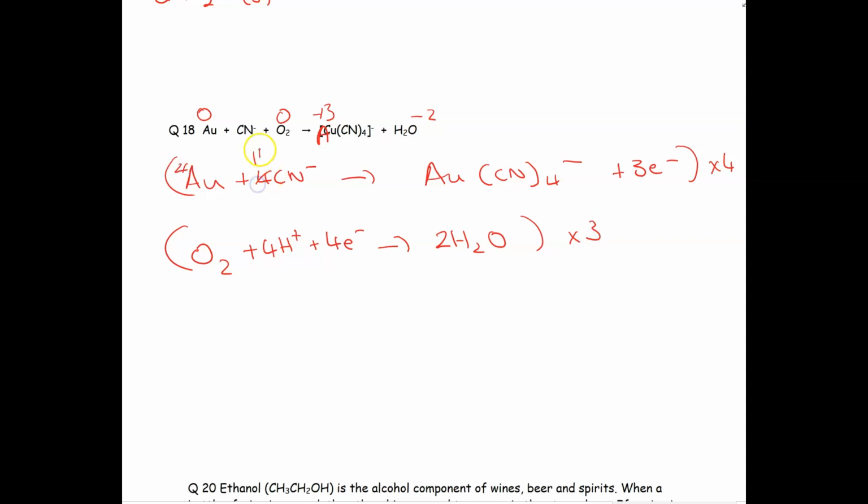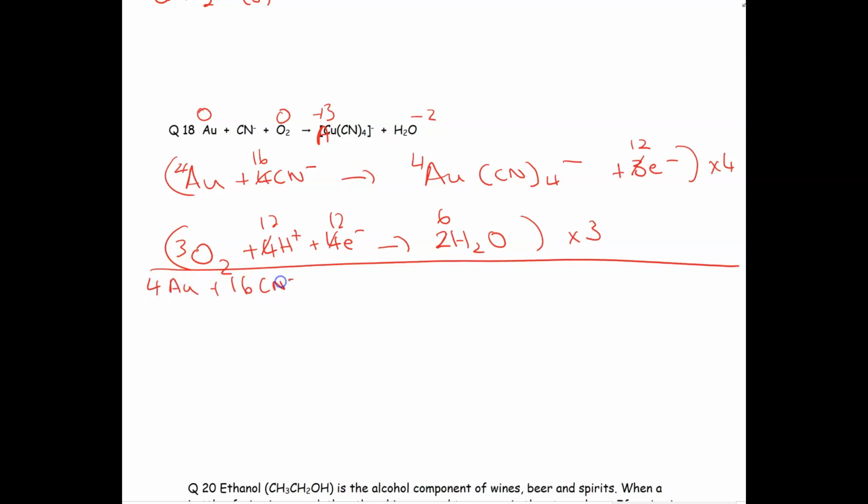4, 16, 4, 12, 3, 12, 12, 6. Add them together. 4 gold plus 16 cyanide, plus 3 oxygen, plus 12 hydrogen ions, plus 12 electrons goes to 4 aurocyanide, plus 12 electrons, plus 6 water.